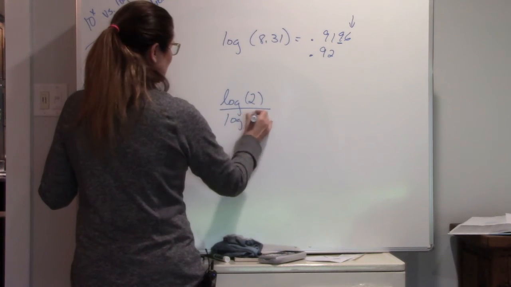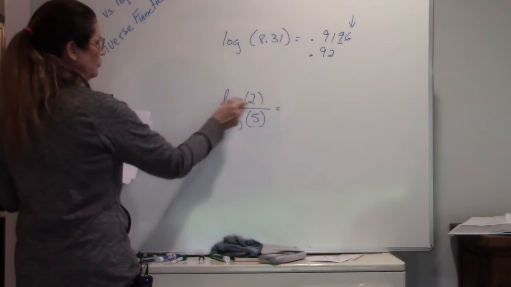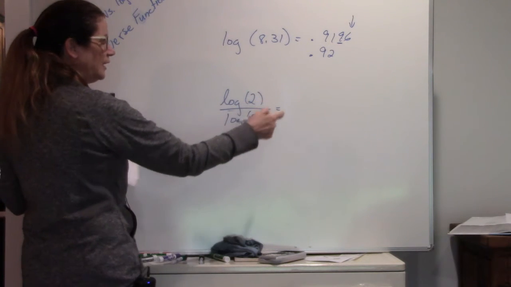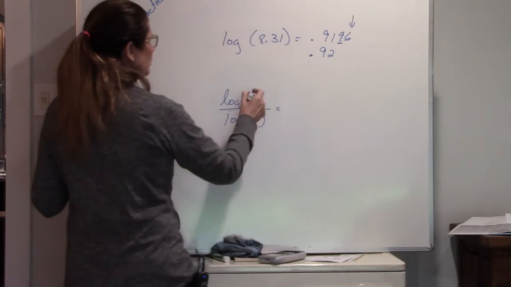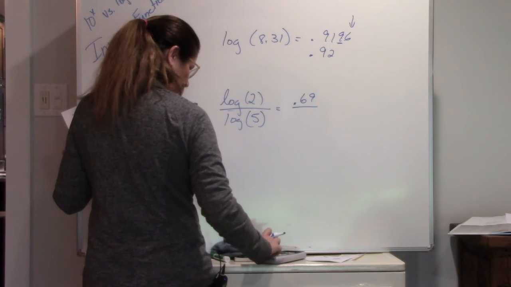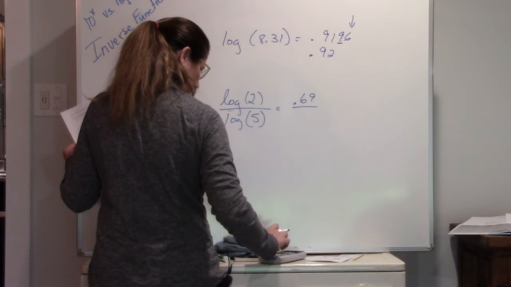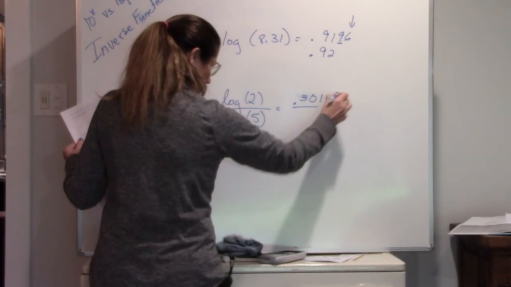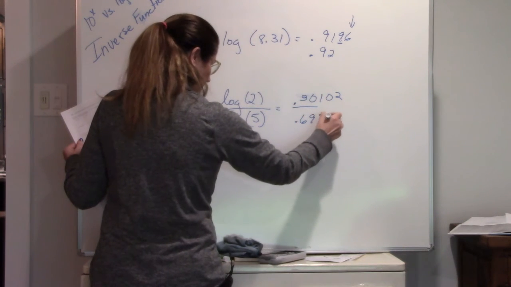Okay? Now, number 7 looks a little different, but it really isn't. The key is to make sure you finish the answer. In other words, in your calculator, you're going to go log 2, close the parenthesis, hit equals, and then divide by log 5. Log 2 is 0.30102, log 5 is 0.69897.